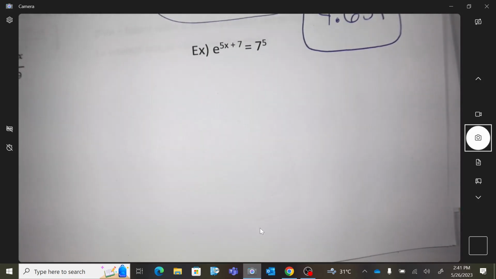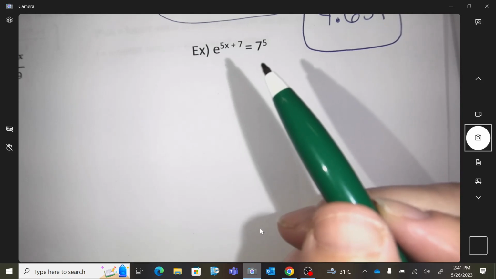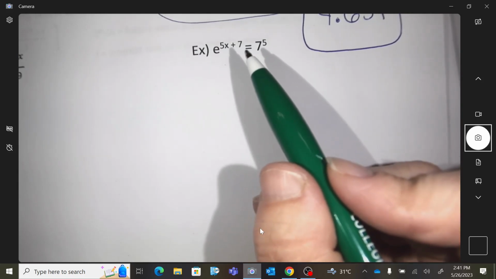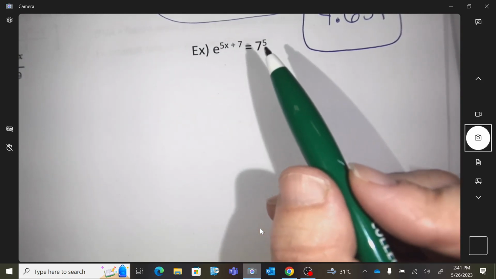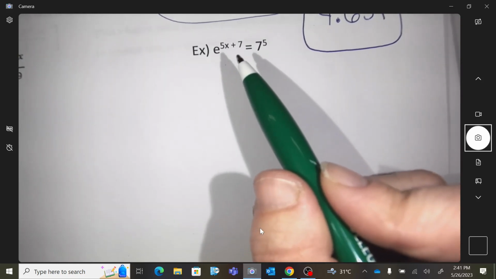Last example. Take this next question. Okay, this is an exponential equation. So I'm going to log both sides. But wait, there's something special about this one. There's an e in it.